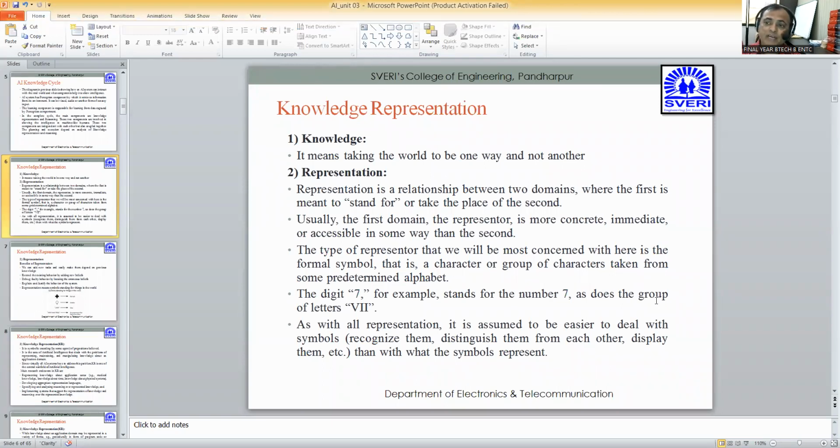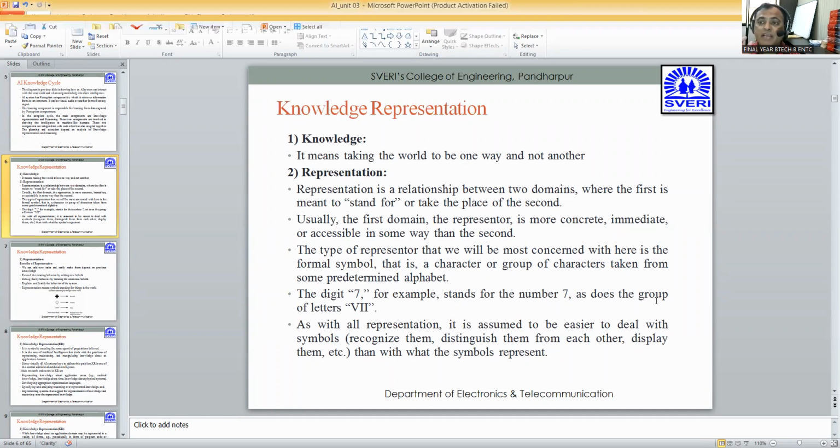So obviously, to represent something, you have to represent it through something. So how will you do it? Through symbols. It may be through characters or it may be through a group of characters. Understanding? The digit 7, for example, stands for the number 7 and so does the group of letters seven. So how could 7 be represented?